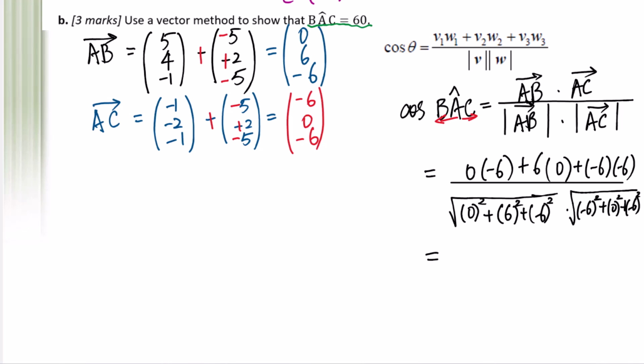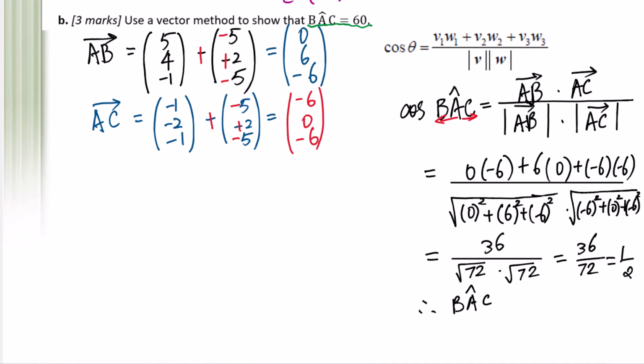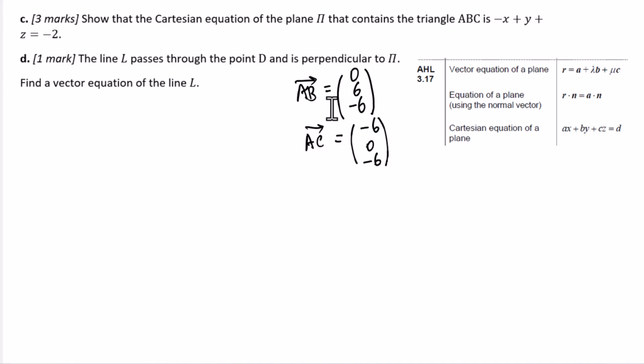Work this out. Numerator 36, denominator square root of 72 times square root of 72, which equals 36 over 72 equals 1 over 2. So angle BAC equals 60 degrees.